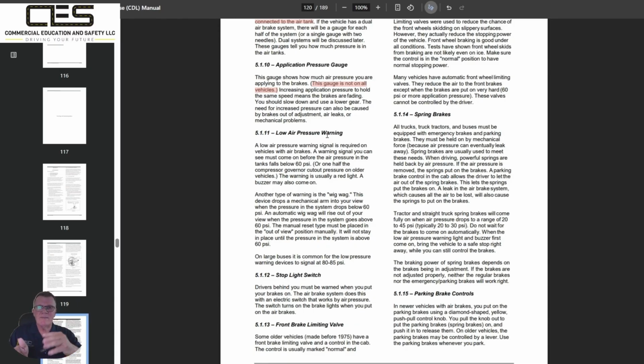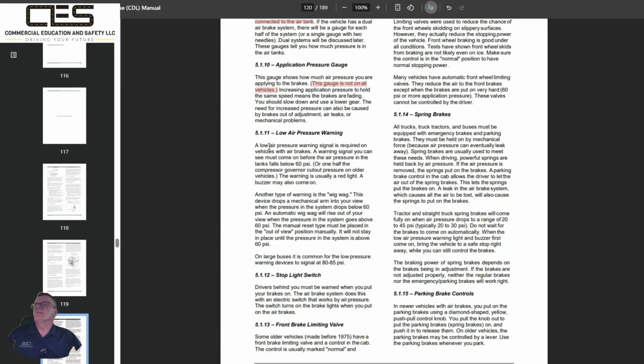I don't want them to come on by themselves without a warning. I want time to move off of the road to the breakdown lane. By having a low air warning light, it's going to give me enough time to get off the road. So we need to make sure this light works. We need to make sure this low air warning works. If not, I don't have an early warning system to let me know that I'm losing my air pressure.